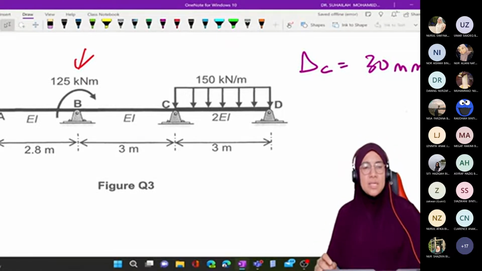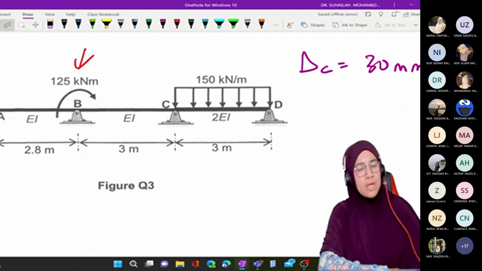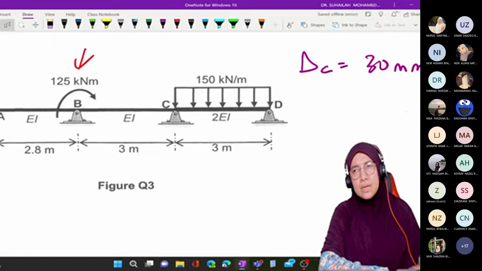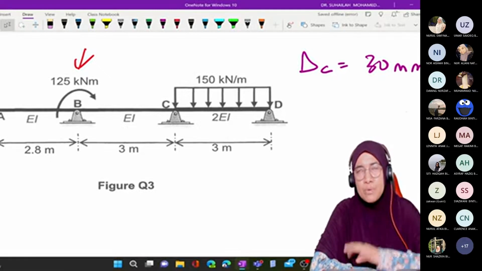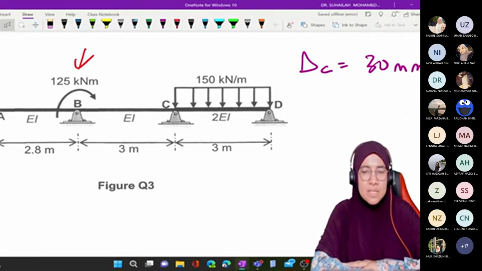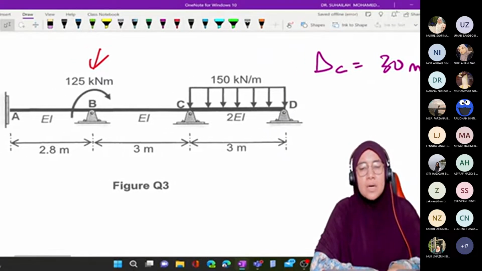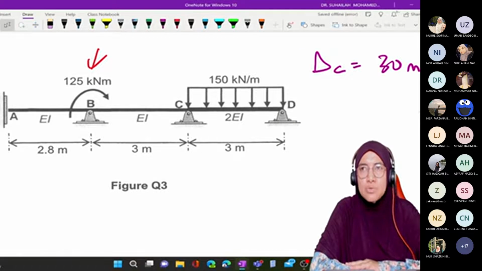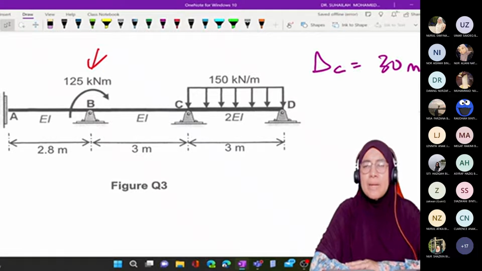Later as an engineer, you will need this also whenever you want to design. I do analysis and design of structures. Okay, you may use this MDM to draw the bending moment diagram very fast, because from the bending moment diagram, we can identify where the crack is in the structure.